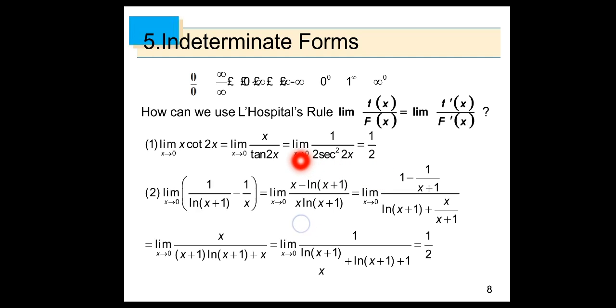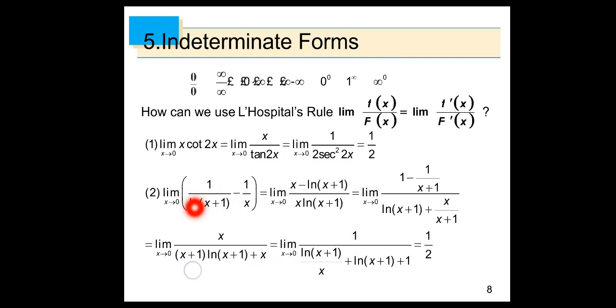So it means that we have replaced them with the derivative of f of x by the derivative of g of x, and then we were able to solve these indeterminate form expressions, right? We first replace them from indeterminate form to determinate form, and then we solved them.